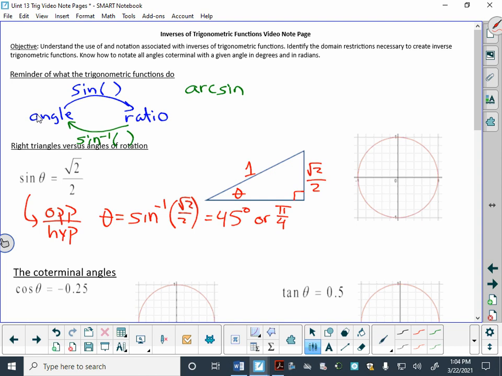But when we take this to the angle of rotation, and if you remember on the unit circle, every point that's on the unit circle is a cosine theta comma sine theta pair. And so the sines are the y values. And if I look for a y value of the square root of 2 over 2, which is like 0.707, so maybe that's around in here somewhere, and the angle of rotation that takes me to that point, this is the y value again of root 2 over 2.